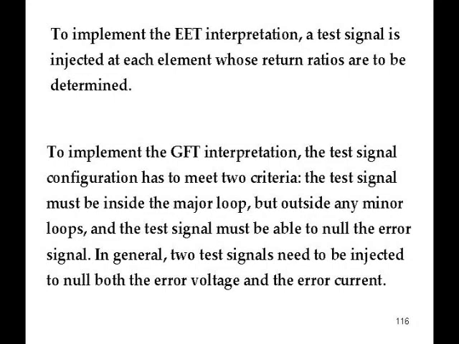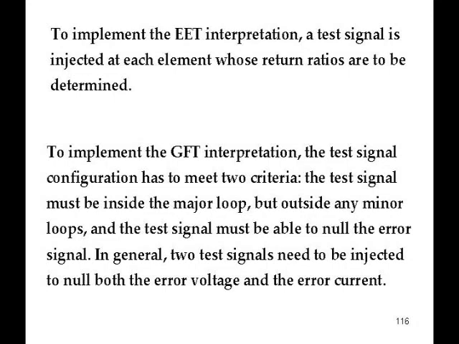Those are minor loops. Now, you don't want to choose a test signal injection point inside the minor loop, because that messes up the interpretation of the gain of the stage. If you do that, it makes the collector base capacitance part of the feedback loop, and you don't want that to happen. You want to keep that separate as part of the forward loop.